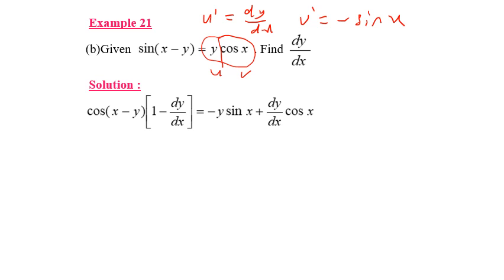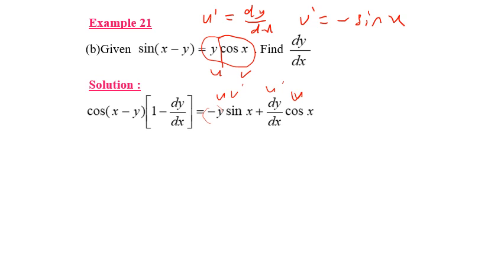So u v prime, the negative they already put straight away at the front, right? And then this one is u prime. So this is u, sorry, this is v, and this one is u prime.